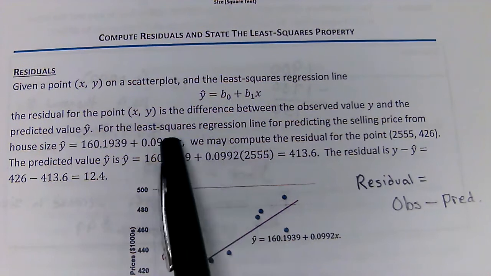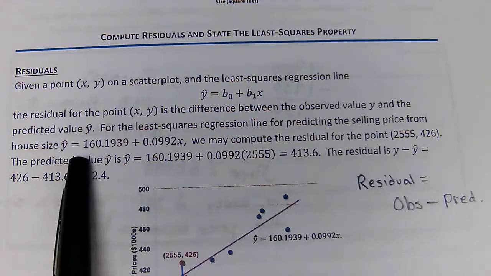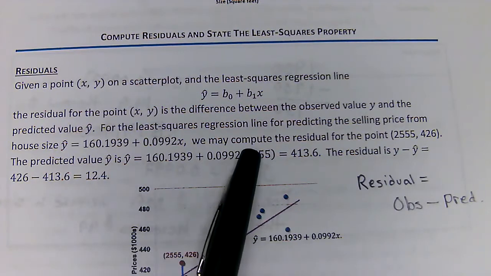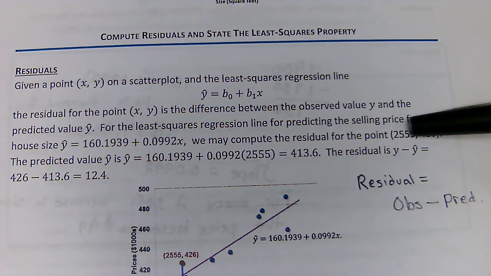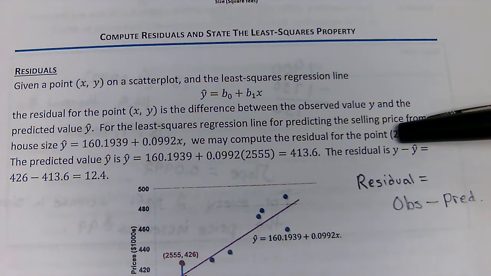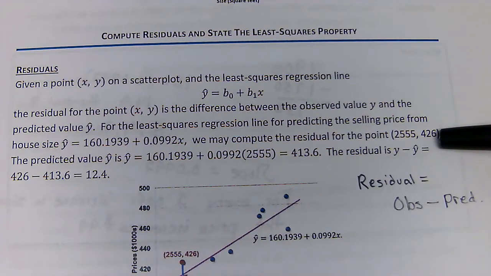So if we're using the line to predict the selling price of a house, here's our line. We may compute the residual for the point (2,555, 426). What I mean by that is we know that a house that was 2,555 square feet sold for 426,000.